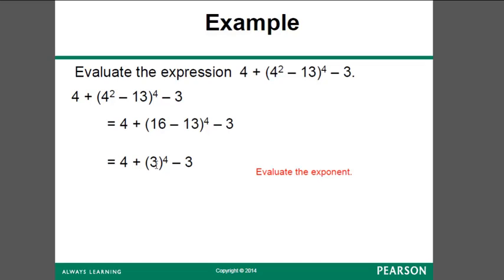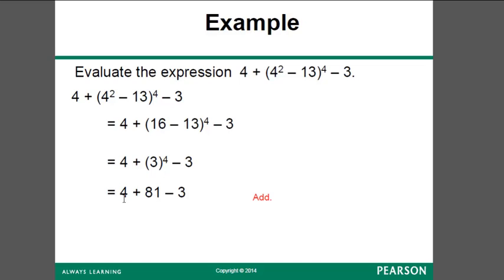I don't have anything left inside the parentheses to do, so then I move on to the exponent. I must evaluate this exponent of 3 to the 4th. 3 raised to the 4th is the same thing as 3 times 3 times 3 times 3, which will give me 81. Then I must look at my problem.